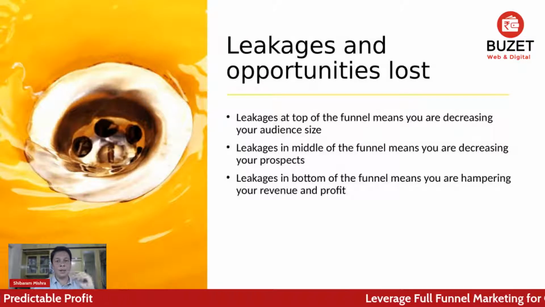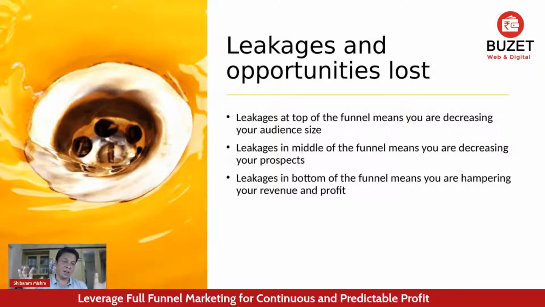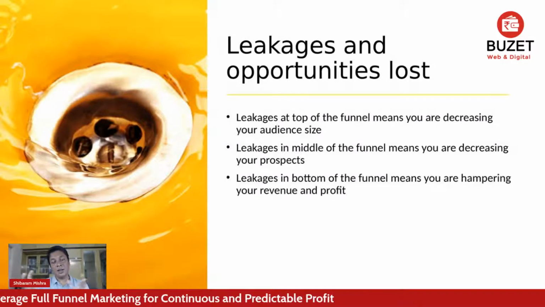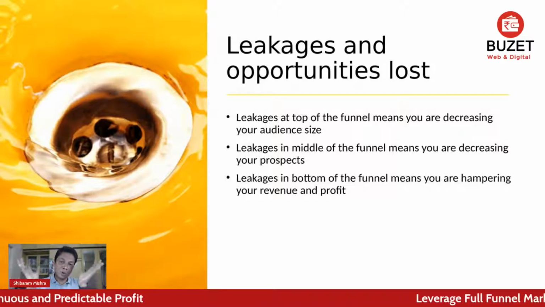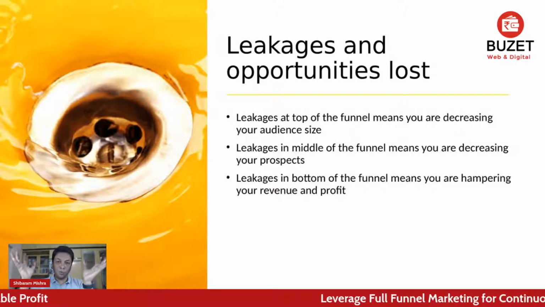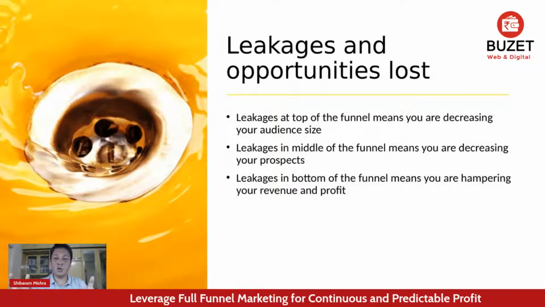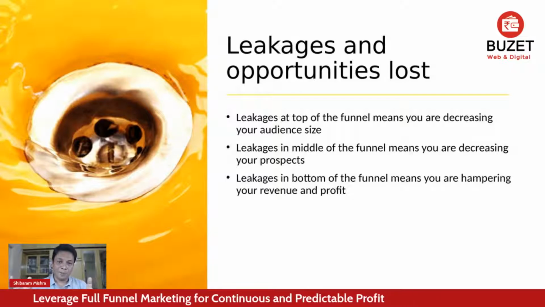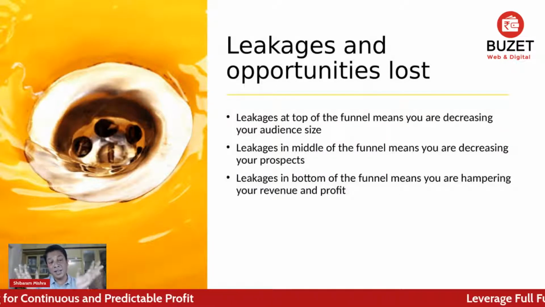Hence, leakages at the top of the funnel mean you are actually decreasing your audience size. If you are not able to delight or attract your customer, you are unknowingly decreasing your source. If you give less water to a plant at the root level, the plant will not grow in that manner, right? If you are not nurturing them in the middle of the funnel, you are decreasing your prospect size.